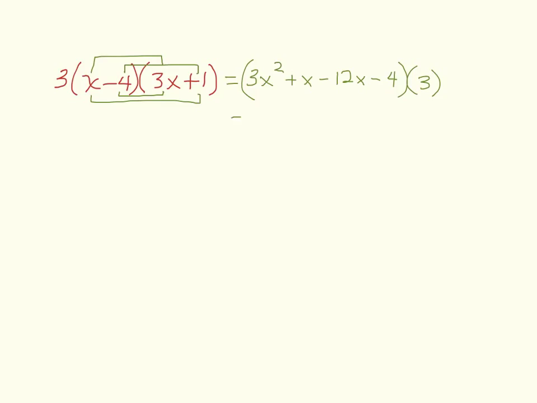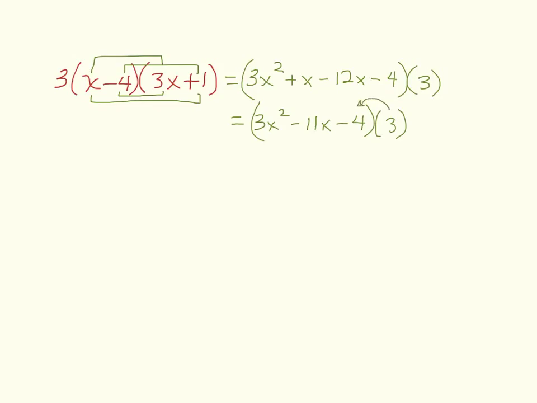Now let's simplify this one. 3x squared, x minus 12x is minus 11x, minus 4. That is being multiplied by 3, because that's the 3 that we have out front over on the left problem written in red. That's the same 3. So now we have to distribute the 3.